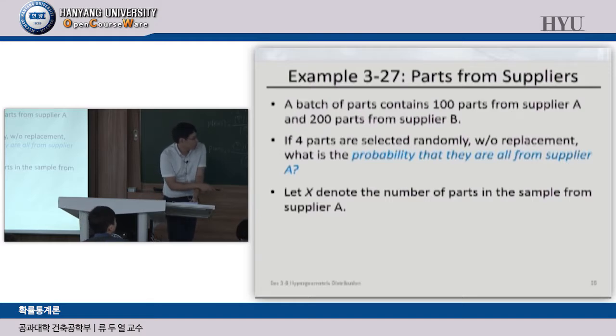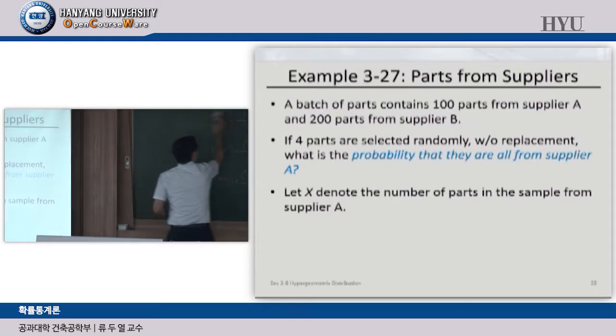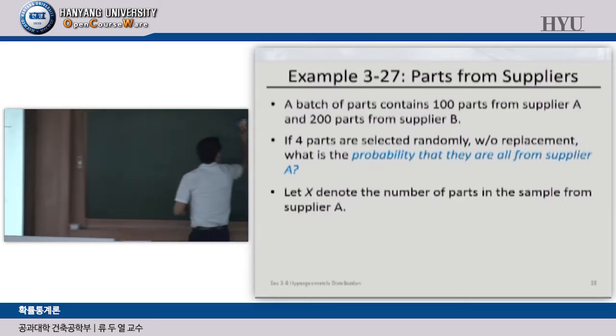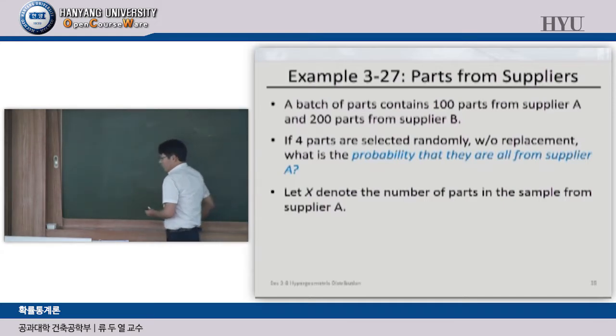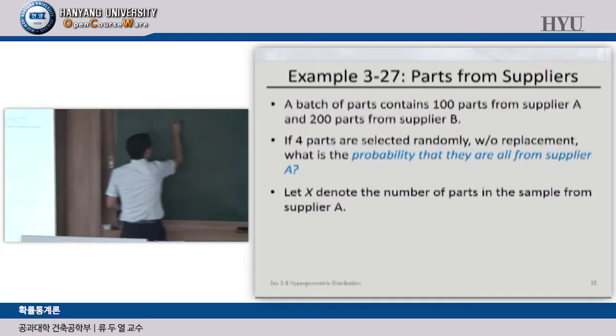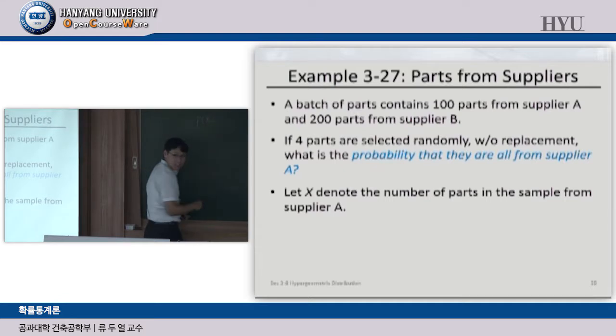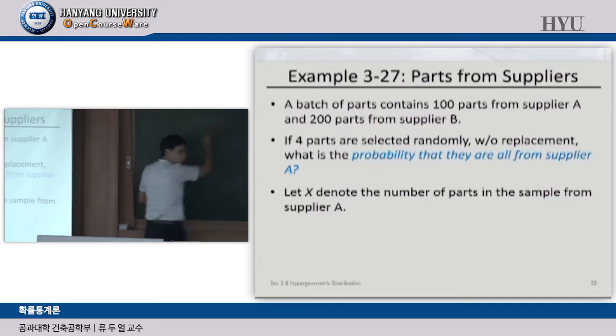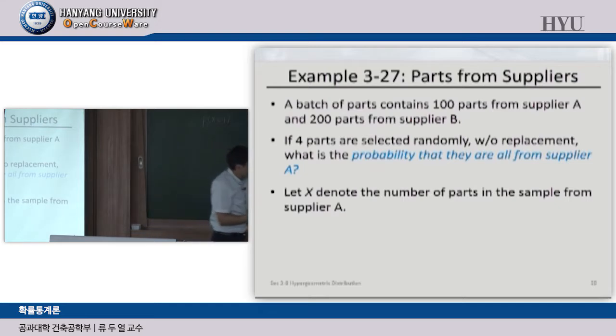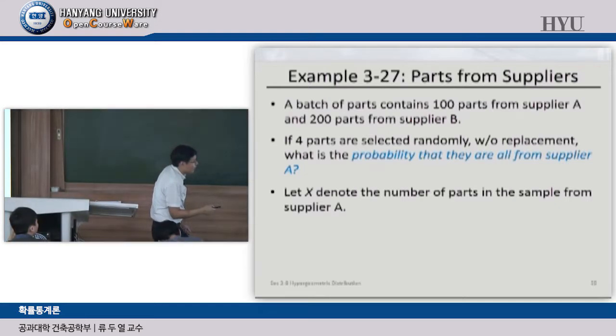Let X denote the number of parts in the sample from supplier A. In this case, we have to calculate the probability of X when X is equal to 4, since we select only 4 parts.